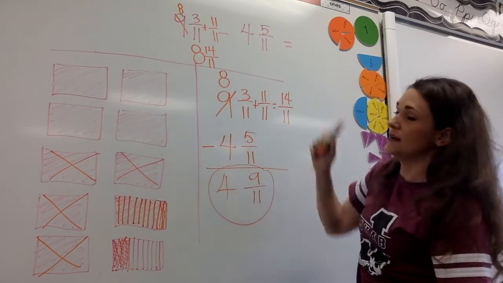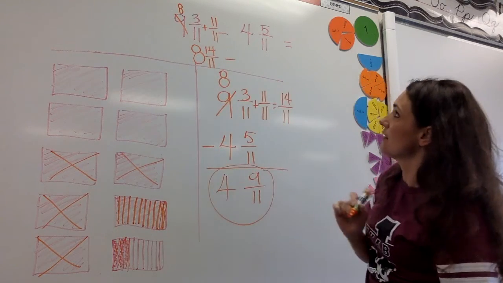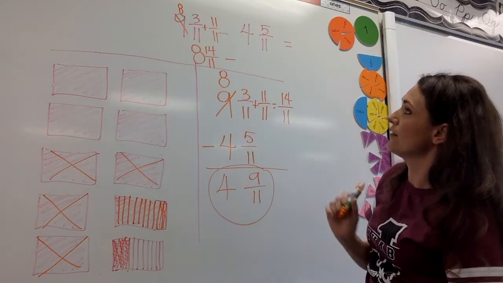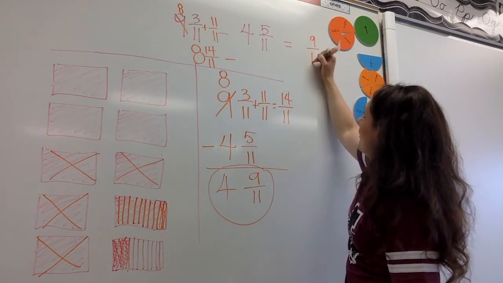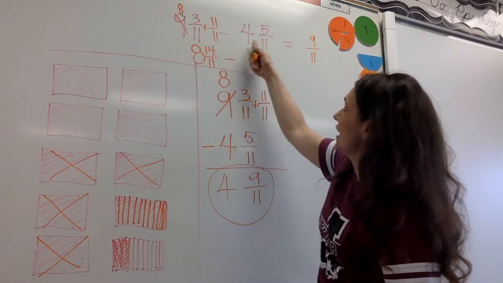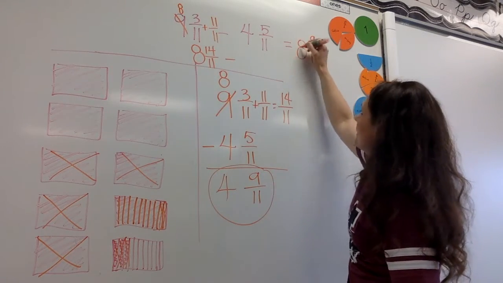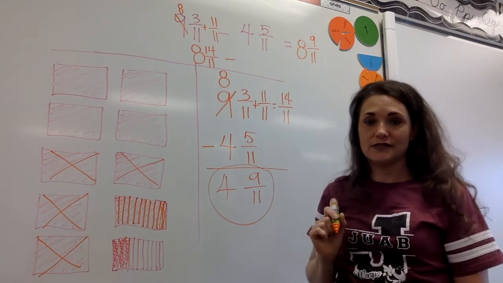So now I can subtract 8 and 14/11ths minus 4 and 5/11ths. 14 11ths subtract 5 is 9 11ths, and 8 subtract 4 is 4. So either way that you work it, it's still the same.